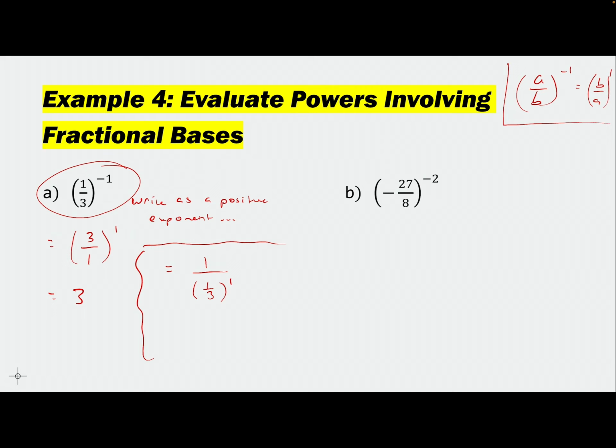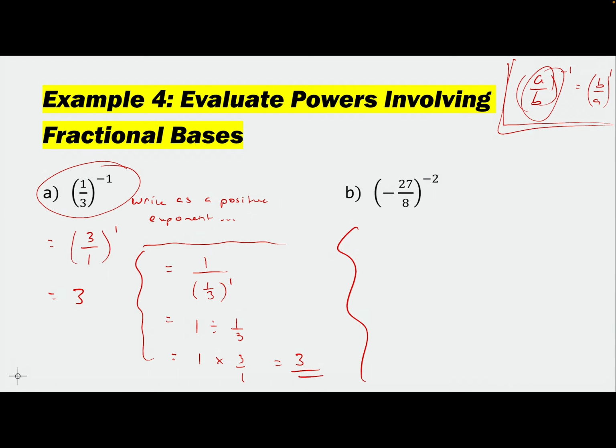Well, 1 divided by 1 over 3, that actually means we need to flip and multiply, and we also get 3. So we can see that this rule of flipping the fraction around and then rewriting as a positive exponent actually works. It might actually make the rule easier to remember too.